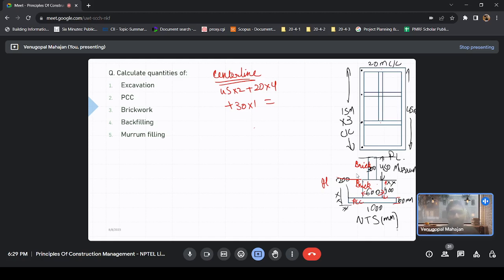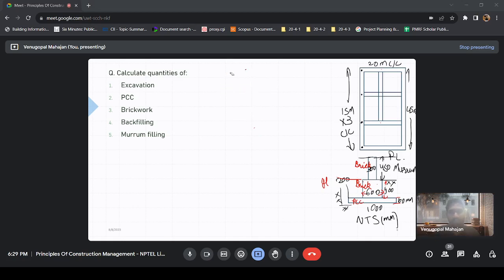But if the basics are clear, it doesn't matter which method you are using. So we will go on with the long wall short wall method, right? Yes, sir. Now which direction, which axis should we take for long wall? Y axis. Okay, we will follow the same.